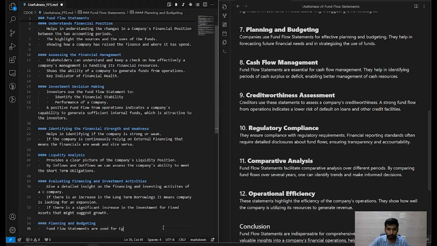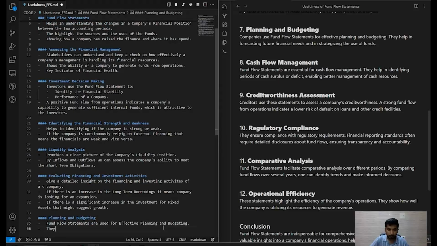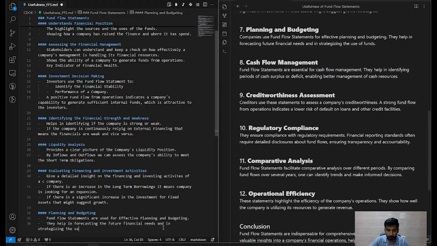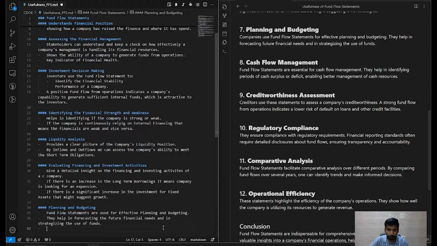They help in forecasting the future financial needs and in strategizing the use of funds.